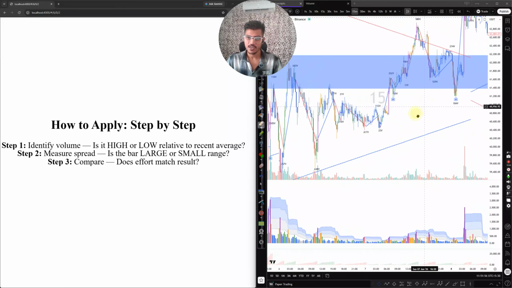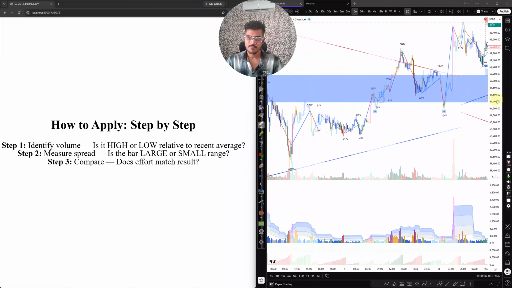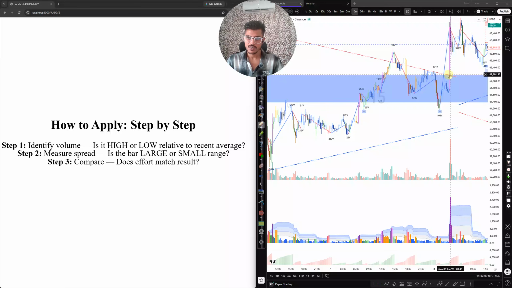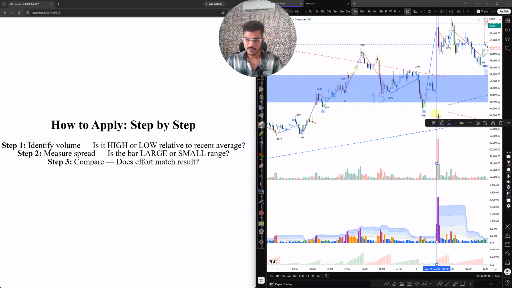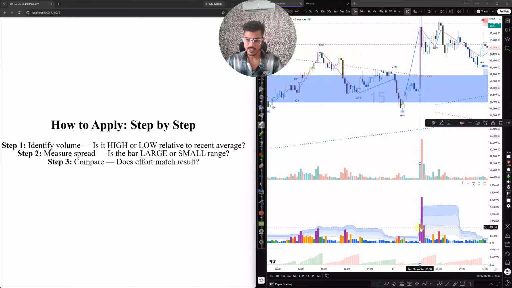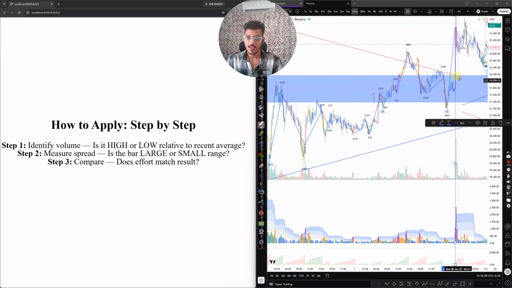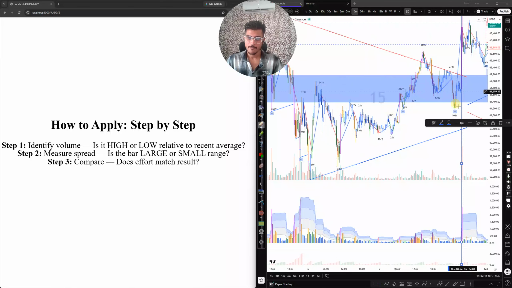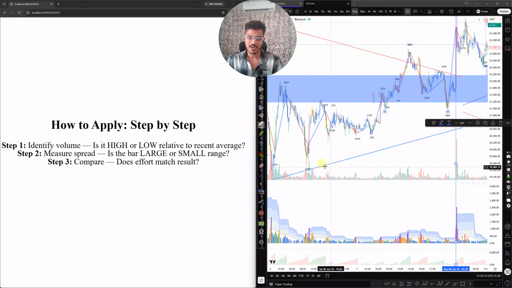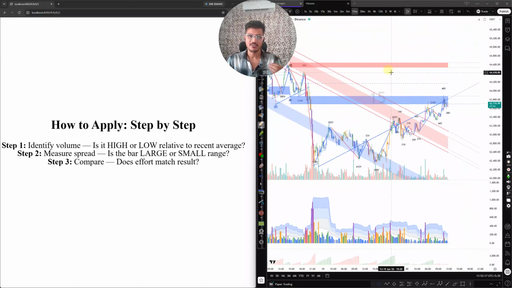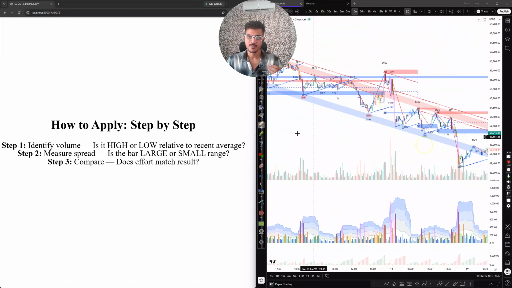But if you come around here and see this big move from this smaller candle, the effort didn't match it. That's why the market stopped right there and didn't follow through.